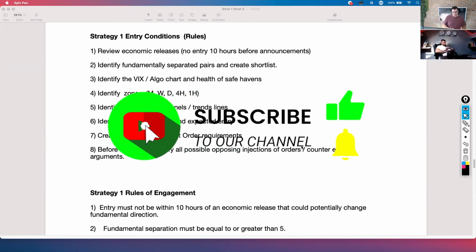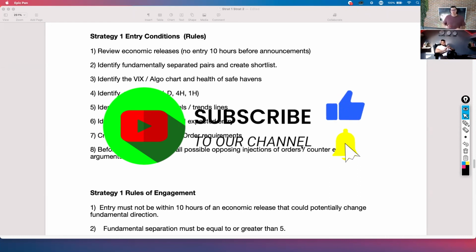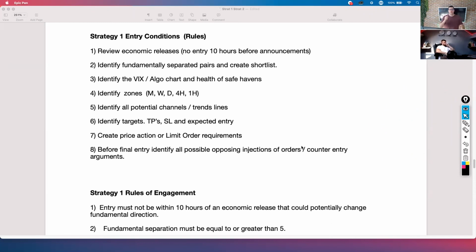When we're looking at entry and we're convinced at entry, we have to take that moment to say, okay, why is this a wrong entry? Why do I not want to enter here? Try to prove yourself right. And if you can't come up with a good answer, that means it's a good entry. But it's extremely important to take that extra 2 minutes, and that's going to be a part of our entry condition. Okay.